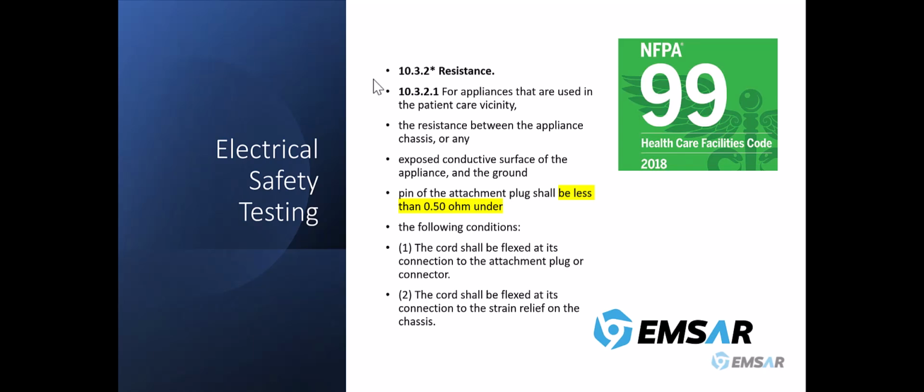What we're looking for when we flex is, are we seeing the numbers jump high and low while we're flexing that cord? If it's going above the limit, it may be time to just replace that power cord. Also, you will do this test before you do any leakage test, because you've got to have a good grounded outlet and a quality cord to get proper leakage for some of the tests.